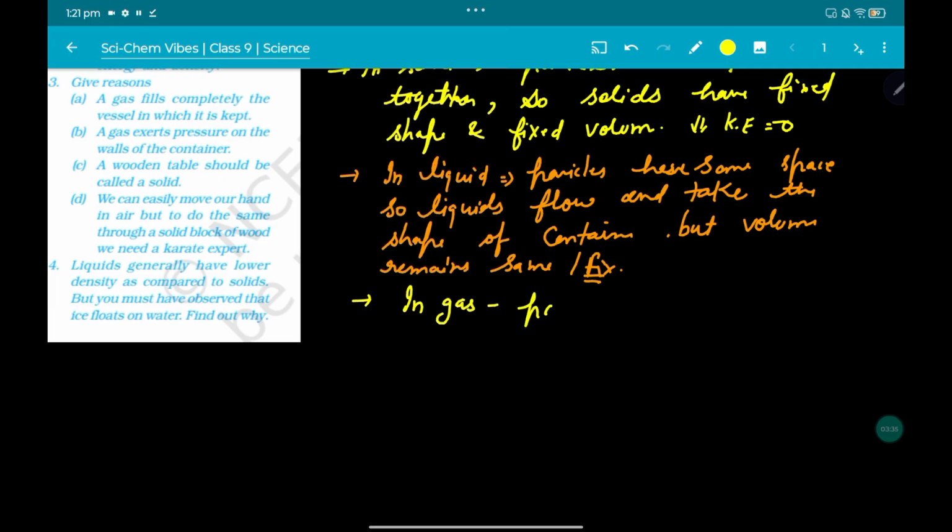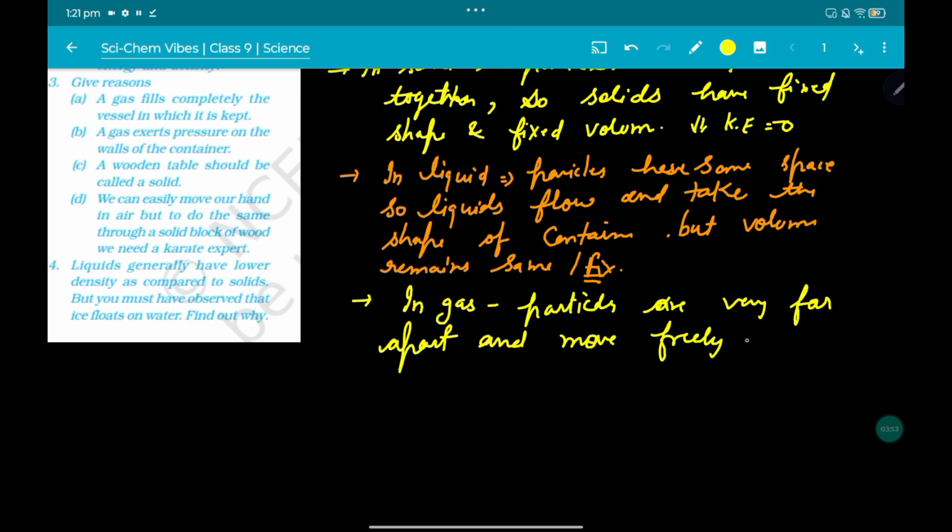So the particles are very far apart and move freely.